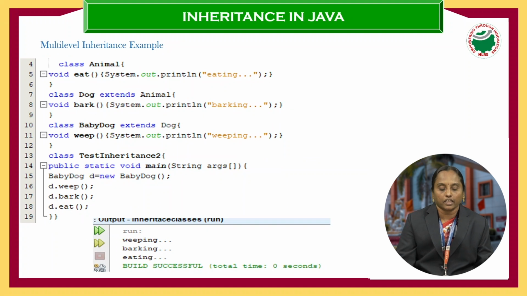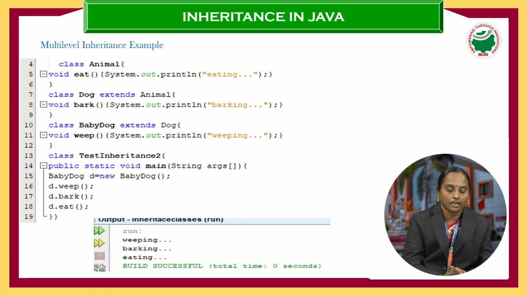This is the multi-level inheritance. In multi-level inheritance, we have at least 3 classes. Class Animal has one user-defined method, the eat method, which displays the message eating. Next, we create the subclass for the animal class, class Dog extends Animal.